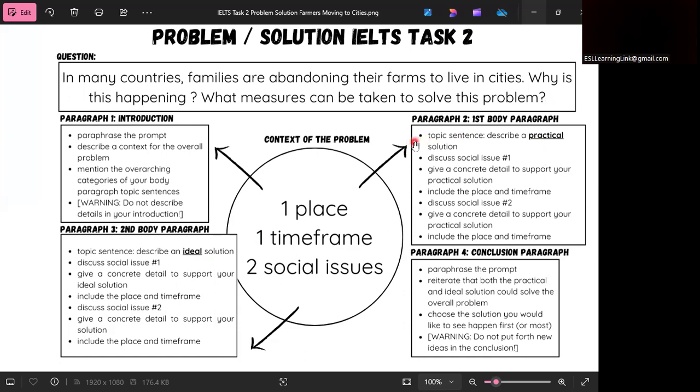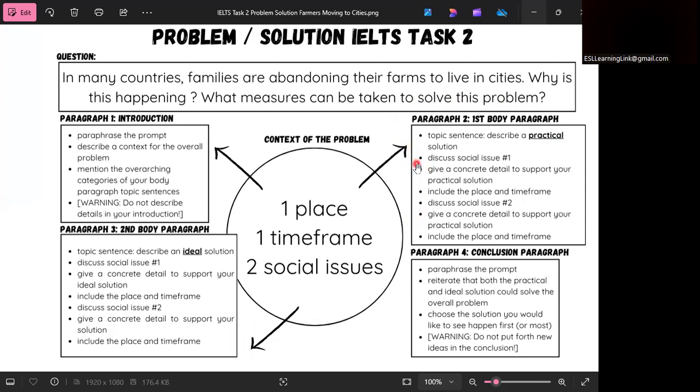You might want to write out your actual topic sentence for your planning purposes because the topic sentence is so important. Make sure you refer back to the prompt, but create a sentence that stands alone and gives an overarching viewpoint, a bird's eye view of the various social issues and concrete details.